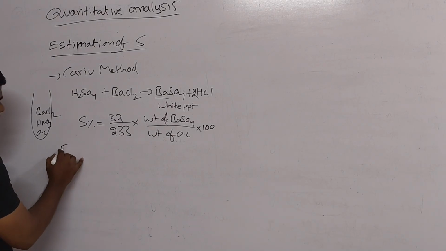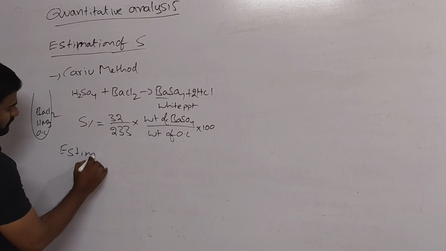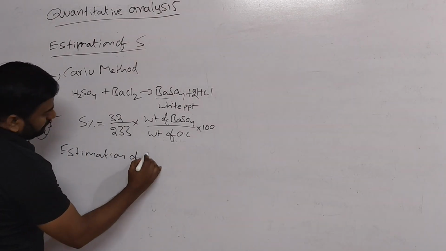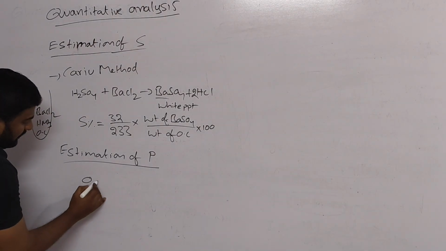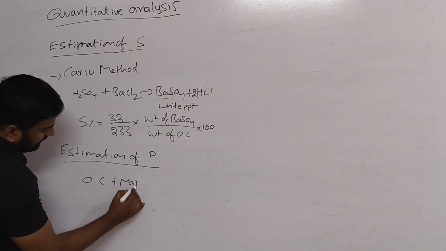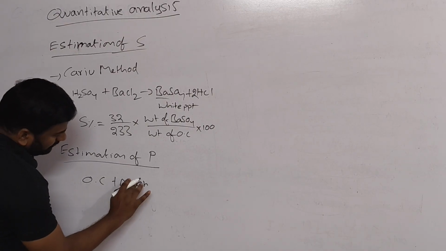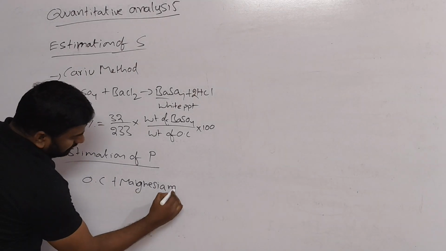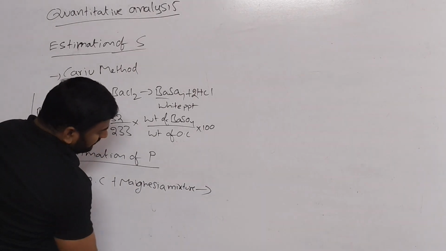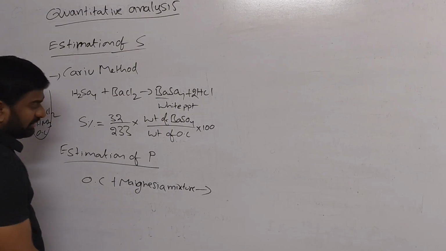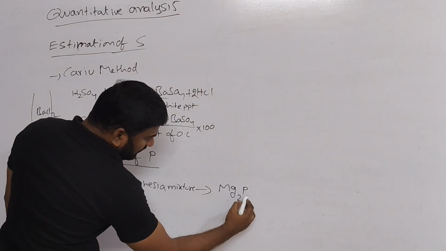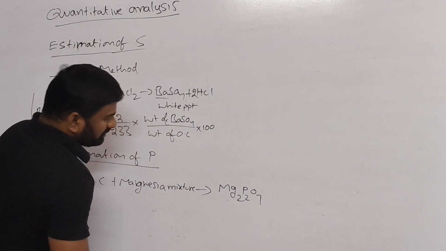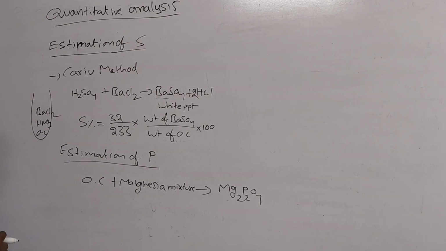Next one now, the estimation of phosphorus. Phosphorus can be estimated in two ways. In one way, if magnesia mixture is added to the organic compound, the phosphorus present in the organic compound is converted into magnesium pyrophosphate, Mg2P2O7.